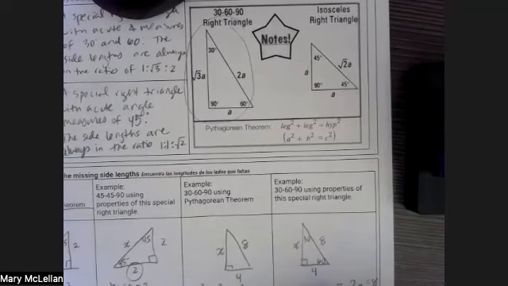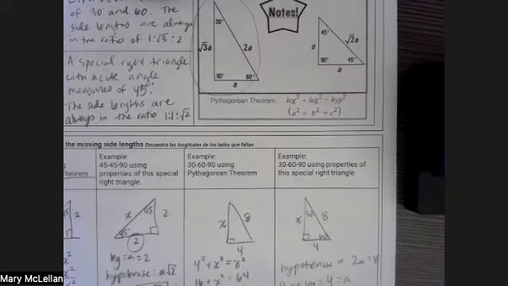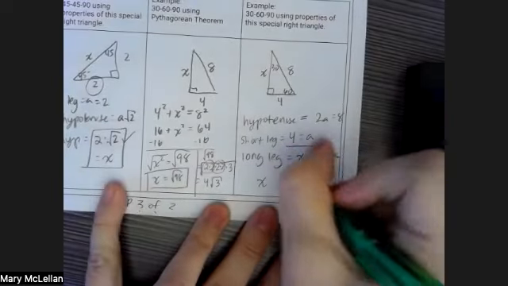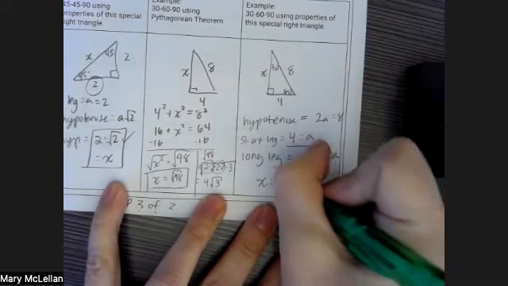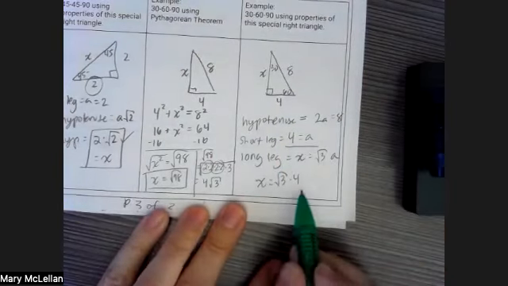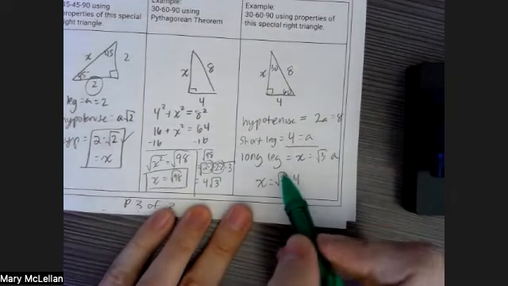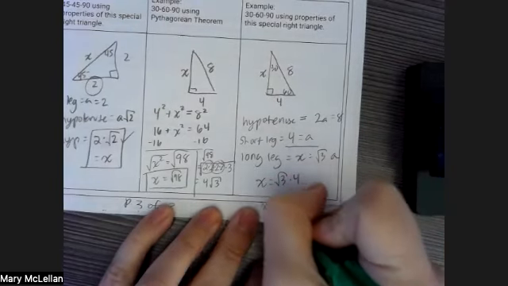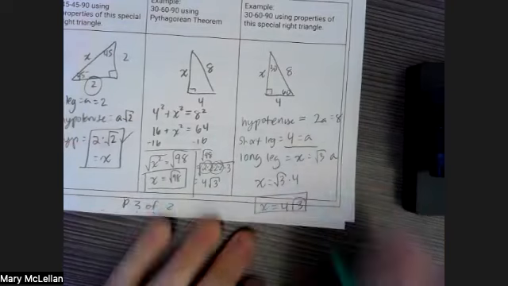And the long leg equals x. From our notes, we know that the long leg is going to be √3 times a, and I know what a is from the short leg. So my final answer is that x equals √3 times 4. We usually write the number in front of the radical so that we don't accidentally write it inside the radical. So the final answer is x equals 4√3. And they're the same.